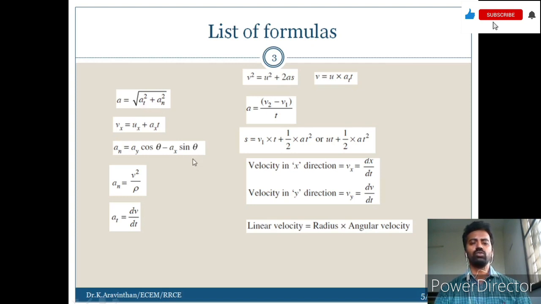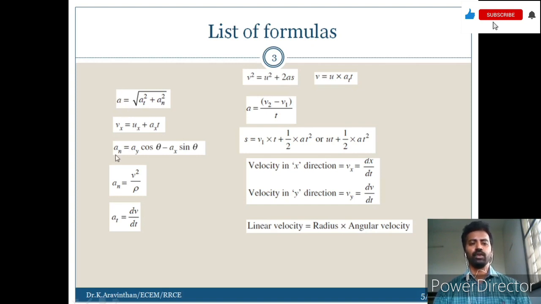If any object is moving in a curved path, it will have a tangent at each and every point. So you will have a tangential acceleration, and also the normal acceleration, and you can get the total acceleration by using the formula.